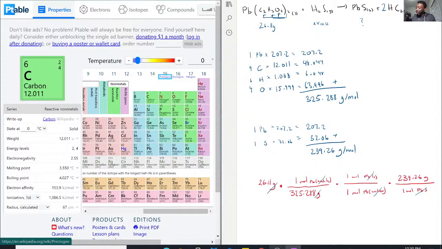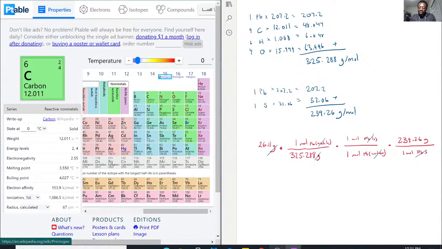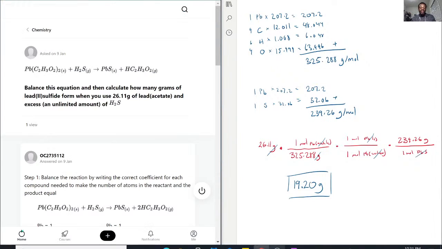So that's 26.11 divided by that 325 times that 239.26. And in the end, we get 19.20 grams of the lead sulfide. Okay, that should be what it is, PbS, lead sulfide.